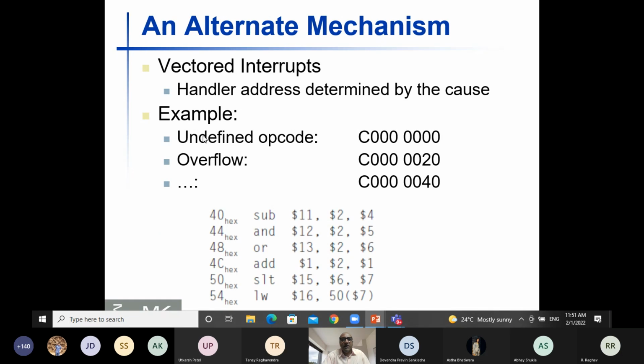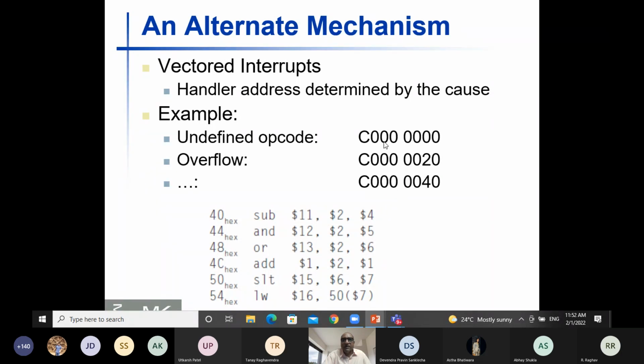The other alternative is using vectored interrupts. Suppose you have 10 exceptions, and all these 10 exception routines are placed starting from particular addresses. This is the hexadecimal address C000, where the undefined opcode routine starts, then the overflow routine starts from another address, and some other exception starts from another.